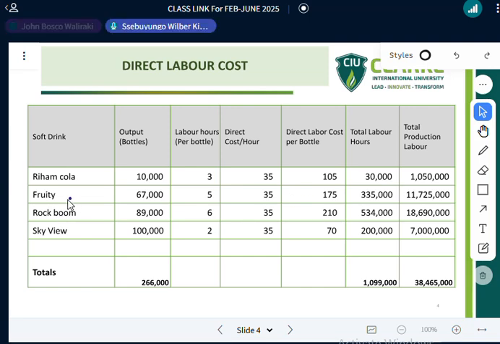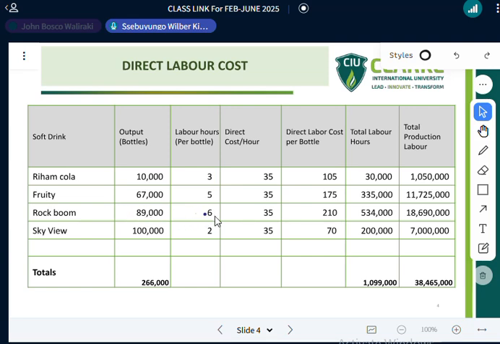I have also done that for fruity by saying there are 67,000 bottles, but each bottle is 5 hours. That means it took 335,000 hours to produce fruity for that whole period.